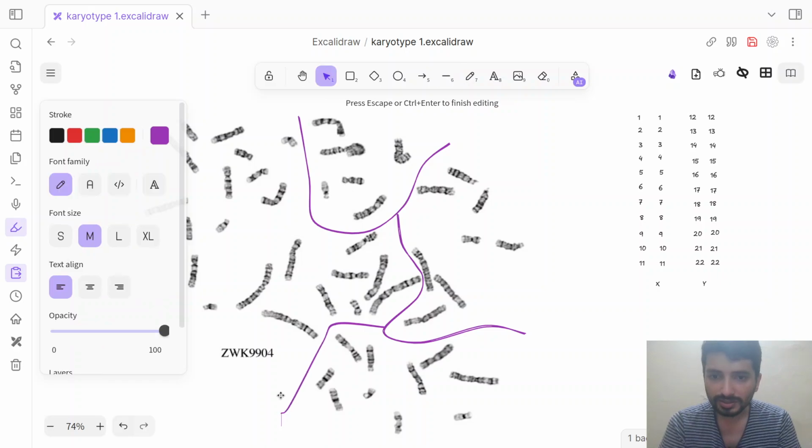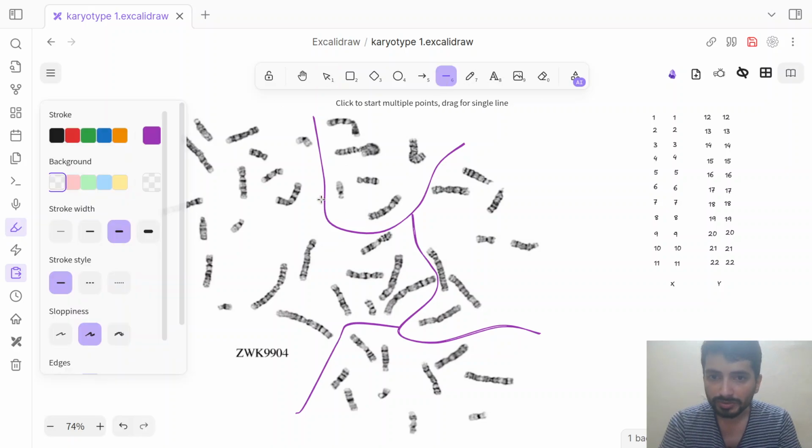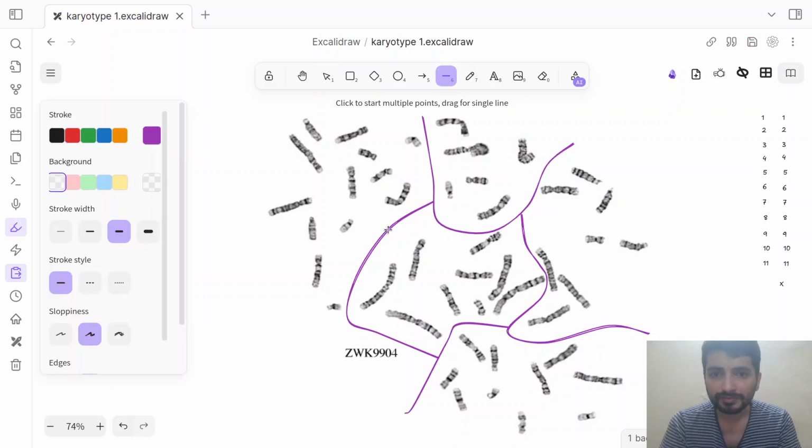So here I will probably make one sector over here, and maybe I can leave this entire, or I can make one more here. Like I said, there's no rule to this.